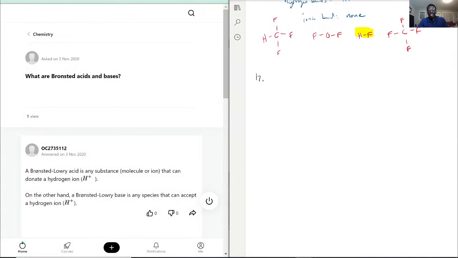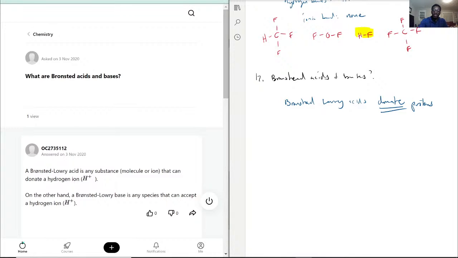So what are Bronsted acids and bases? Okay, the key thing to understand of a Bronsted-Lowry acid is that it's able to donate protons.